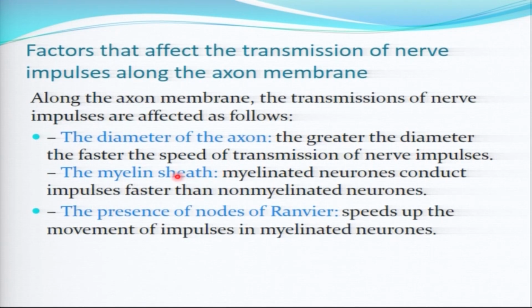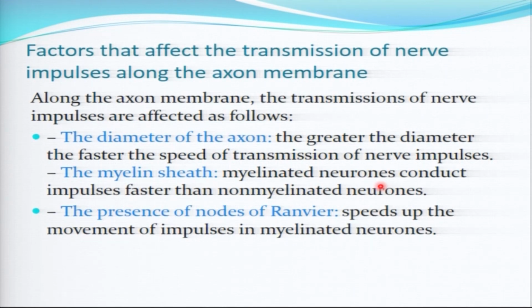Then the myelin sheath. As I have said, the myelin sheath is there to increase the speed of movement of the impulse. Myelinated neurons conduct impulses faster than non-myelinated neurons. They are like lipids.